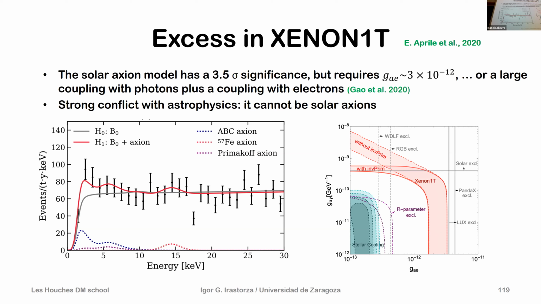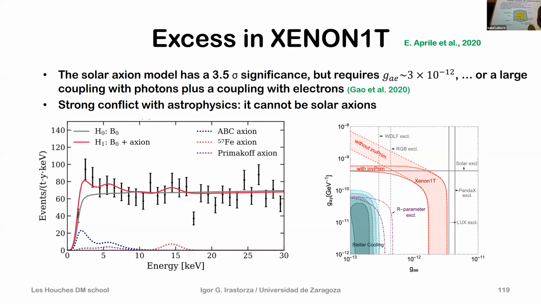But you have that in principle all the points in the parameter space that solve the excess are excluded by astrophysics, either by the stellar cooling mechanism in the case of axion electron coupling, or by solar physics for helioscopes, that are not here, but the CAST limit is somewhere below here. So either by one or the other is excluded. So it's difficult, the interpretation in terms of solar axions.